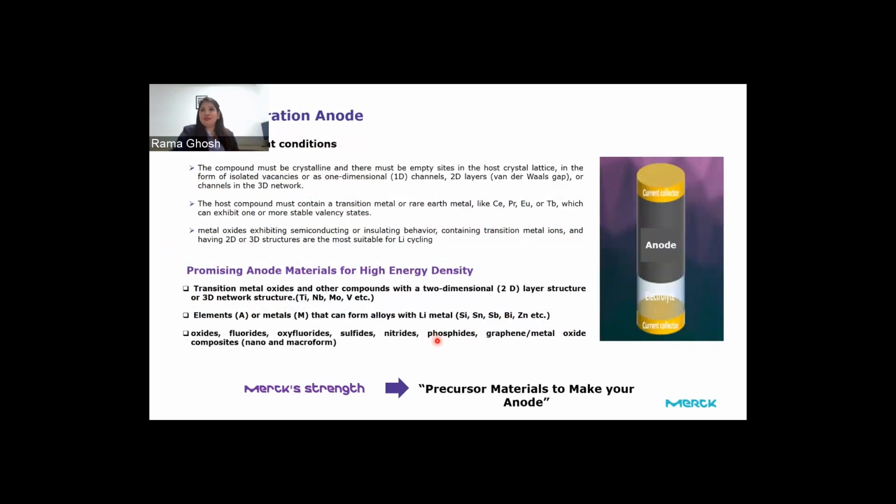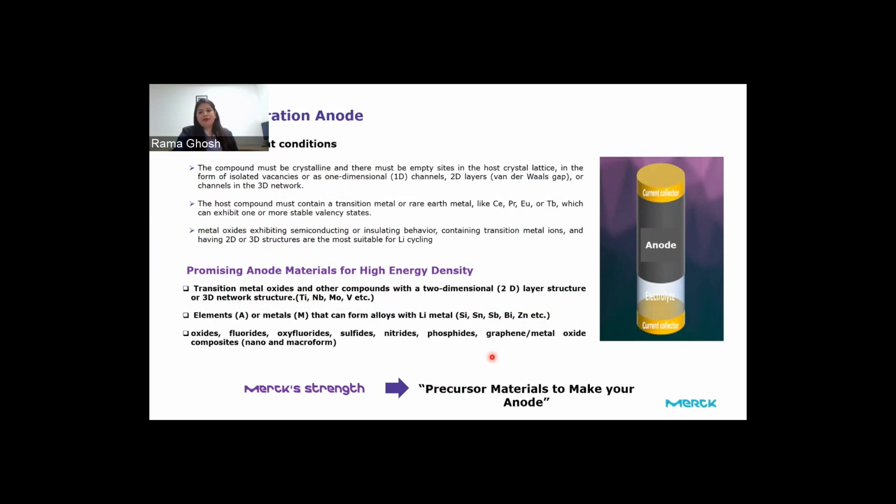You will be shocked to know that a lot of nanomaterial has given better performance than bulk for cathode or anode technology. And so far, a lot of study has happened also. So when you are choosing to make your own anode, keep these conditions in mind.